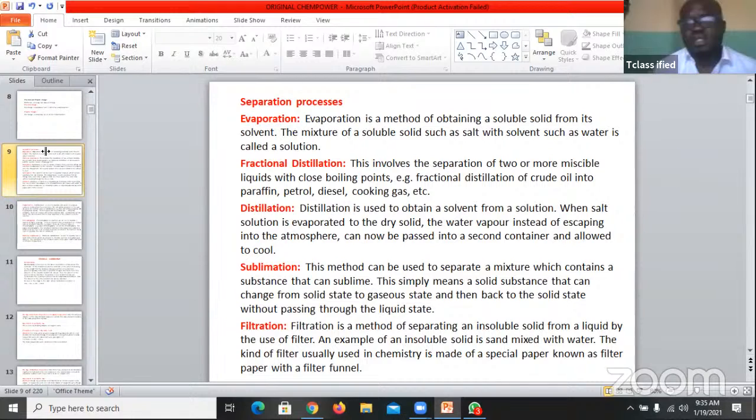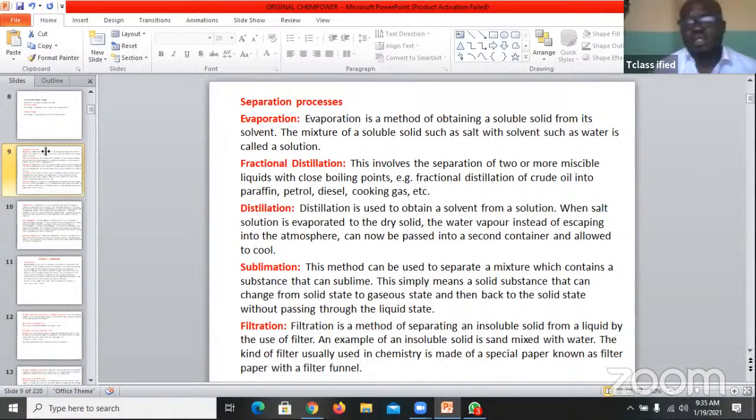Unlike in evaporation, where you want to take out the solvent so that you get the soluble solid. Like if you have a mixture of water and salt, what you're actually looking for is the salt. So you can let the solvent, which is the water, just evaporate, leaving the solid salt.